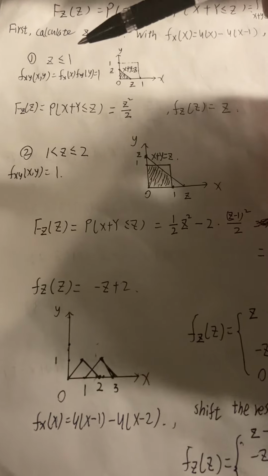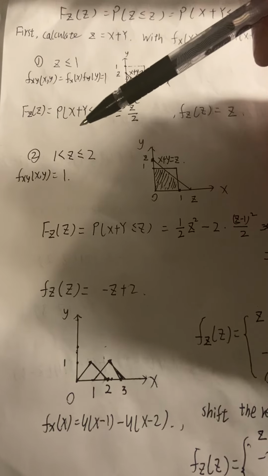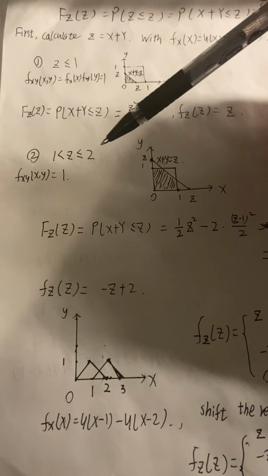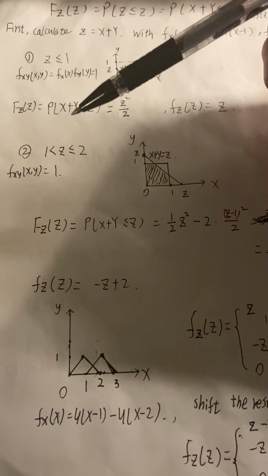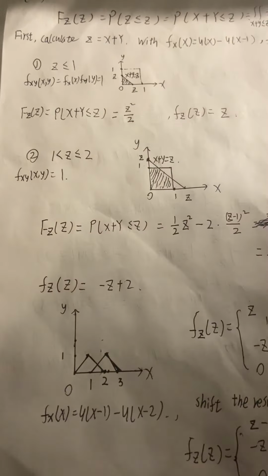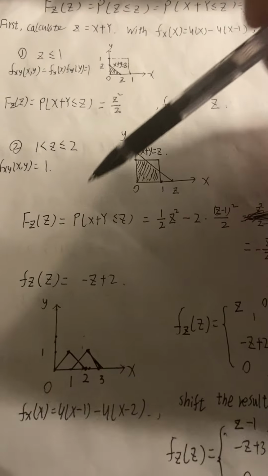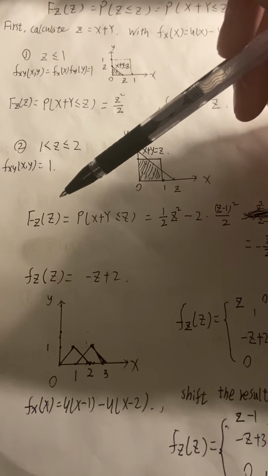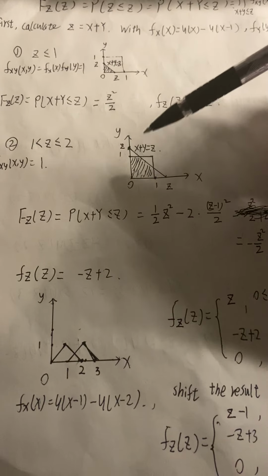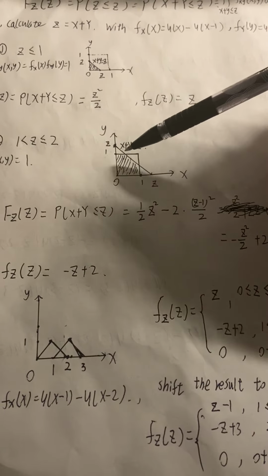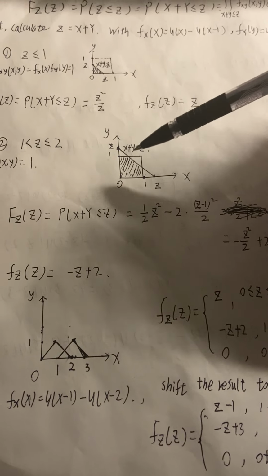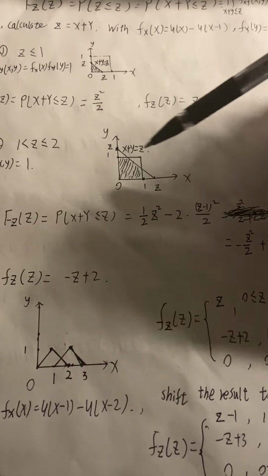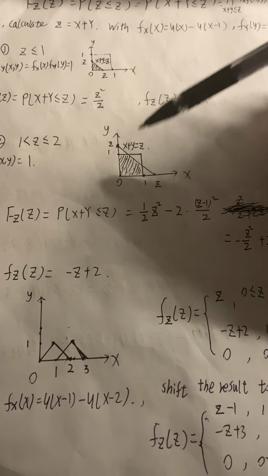And the second condition is when z is between 1 and 2. The same, the joint density function is 1. So the distribution function of Z would be the area of this shaded region.